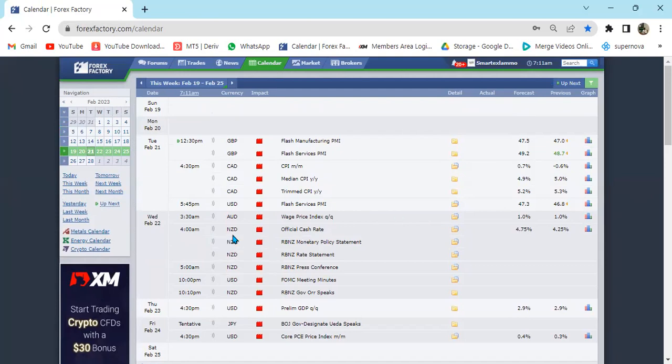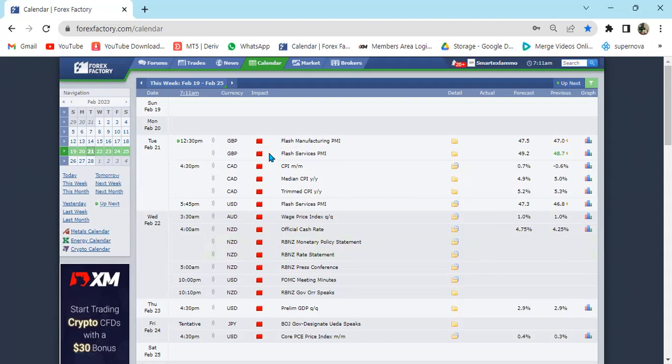Upon looking at our calendar, we have several news drivers. For GBP, we have PMI today in London, exactly 3 hours from now.